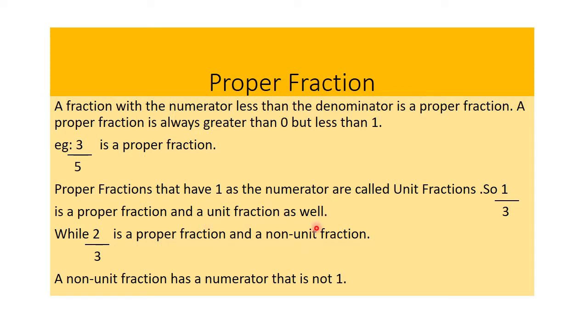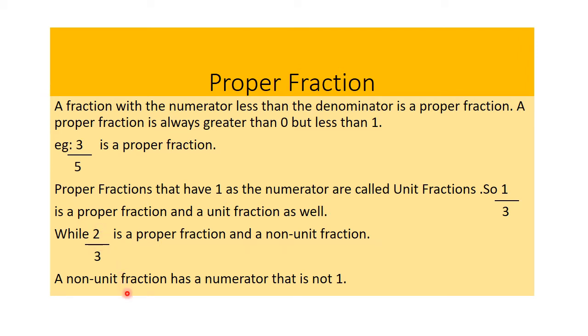I have taken one more example for you. 2 by 3 is also a proper fraction. 2 is smaller than 3, right? The numerator is less than the denominator, so it is a proper fraction. But 2 by 3 is a non-unit fraction, since the numerator is not 1.